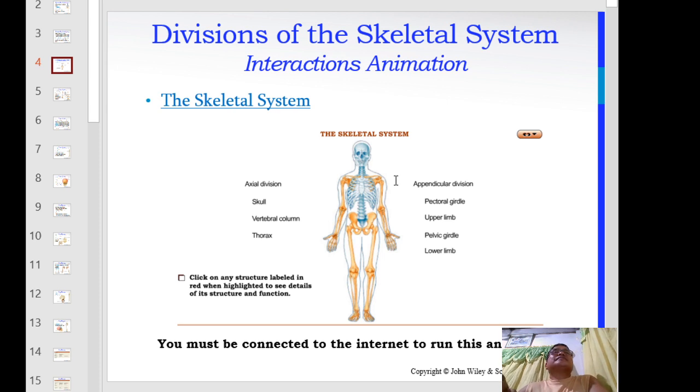So in the skeletal system, the axial division, you can see here the skull, the vertebral column, and the thorax, or the ribs and the sternum. That's part of your axial. The appendicular includes the pectoral girdle, upper limb, pelvic girdle, and lower limb. So that's your appendicular skeleton.